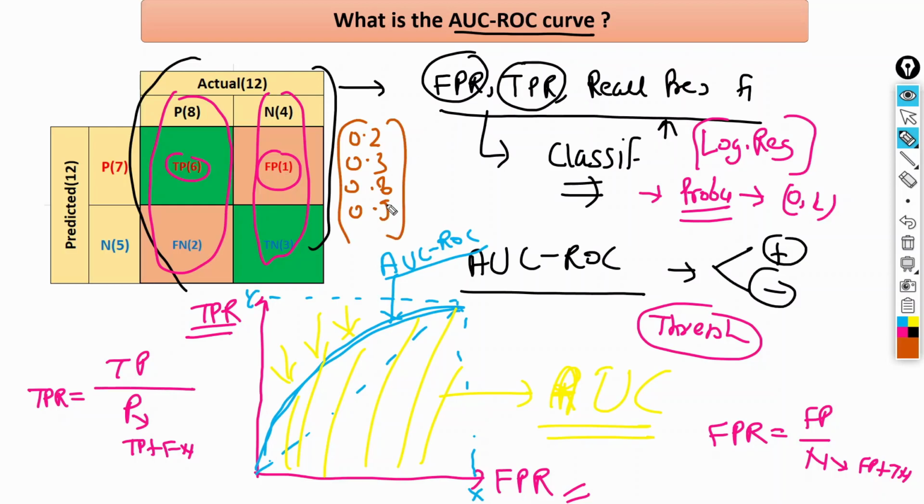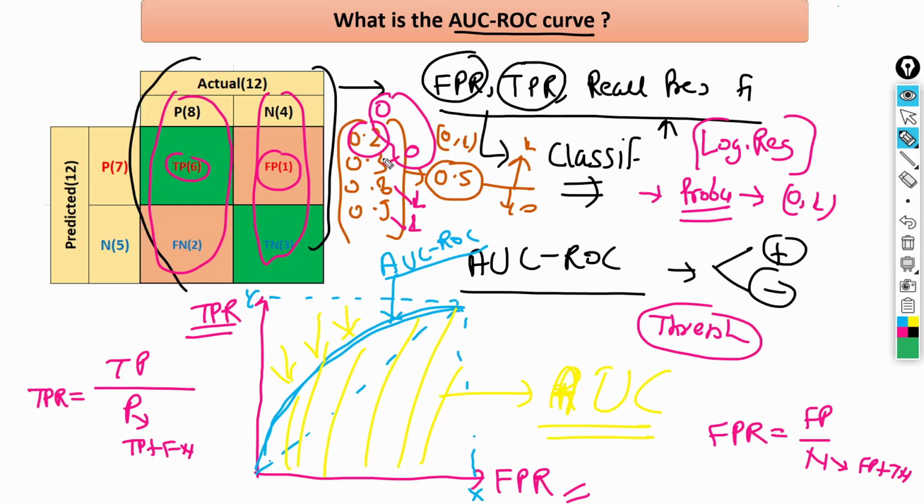I have to convert them into 0 and 1. So I am using 0.5 as the threshold value. All values above it will be 1 and below will be 0. So this will be 0, this is also 0, this will be 1, and this will be 1. This way we can classify the classes by transforming the probability into a particular class.